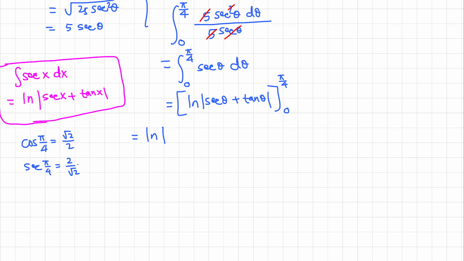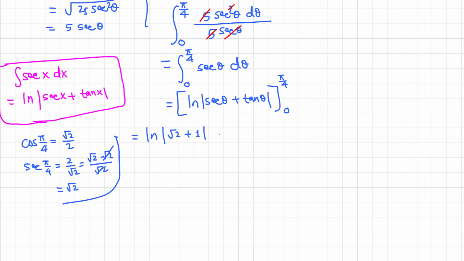We can simplify this one, because 2 is root 2 times root 2, over root 2, cancel, so basically just root 2. Or you may leave 2 over root 2 as well. So natural log of root 2 plus tangent pi over 4. Tangent 45 is 1.